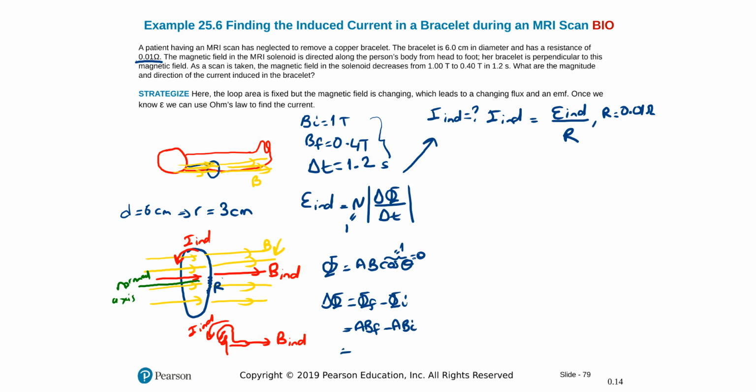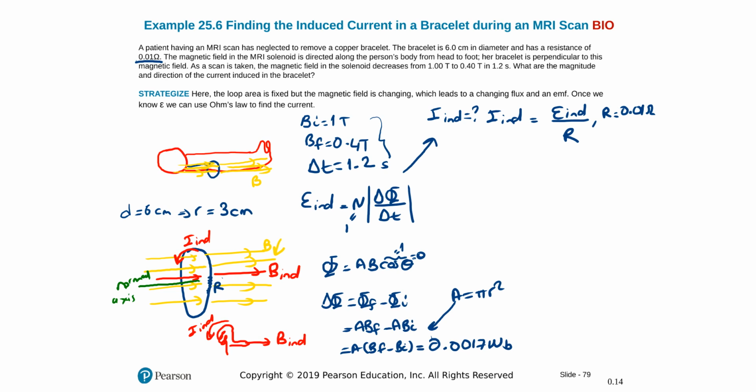I can take A out in parentheses, then I'll have B final minus B initial, times A, and that would give me my flux change. The area, of course, is pi r squared. We insert that in here, and we will find our flux. I will quickly give you that value, and it should be about 0.0017 Tesla meter squared or Weber.